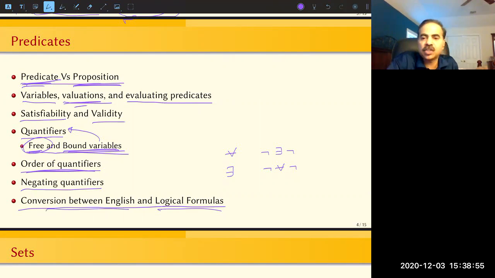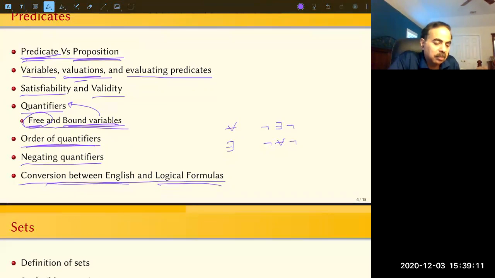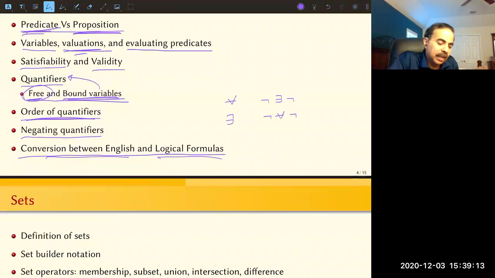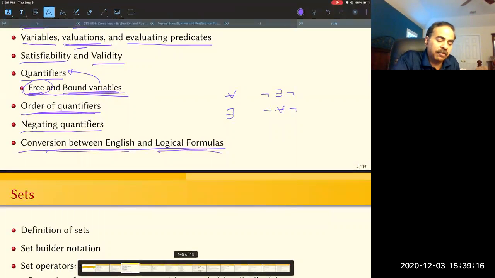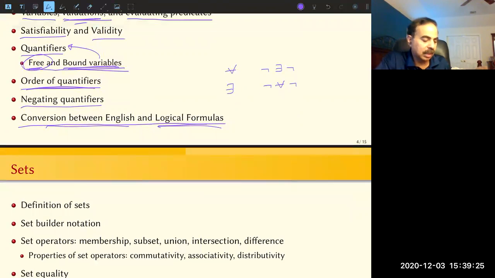When we write it in English, most of the time some ambiguity creeps in, because English is meant for humans to communicate, and it's not designed for precision. Whereas logical formulas are designed for automated reasoning procedures and computers, and as such they have a precise meaning. So if you write it down, there are no two ways of interpreting what's written down.